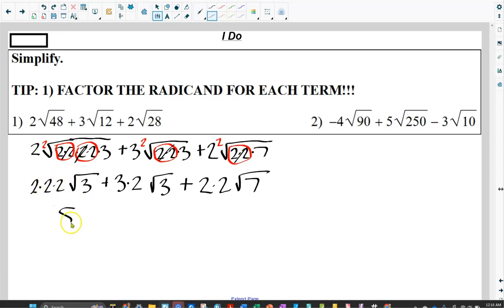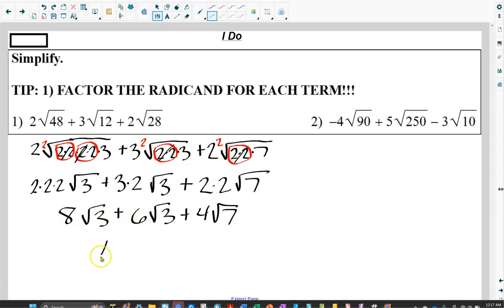So this gives me 8 square root of 3 plus 6 square root of 3 plus 4 square root of 7. Okay. As you guys can see, these two terms have the same index and the same radicand, so I can add these. This one, same index but different radicand, so it's going to be separate.